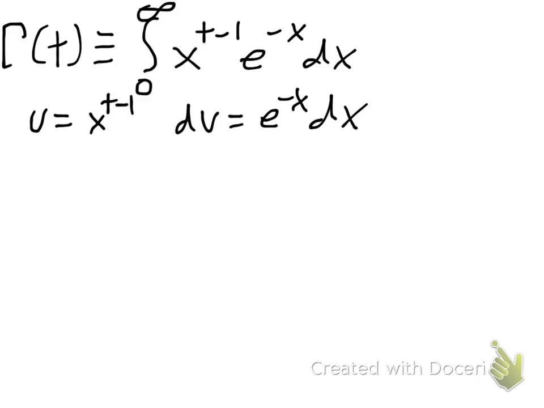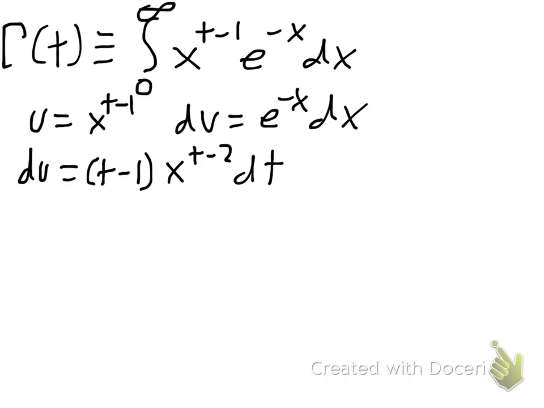Then if we take the derivative of u, du will be t minus 1 times x to the t minus 2 dt. And dv over dx would be e to the minus x, so if we integrate both sides, we get v is minus e to the minus x.